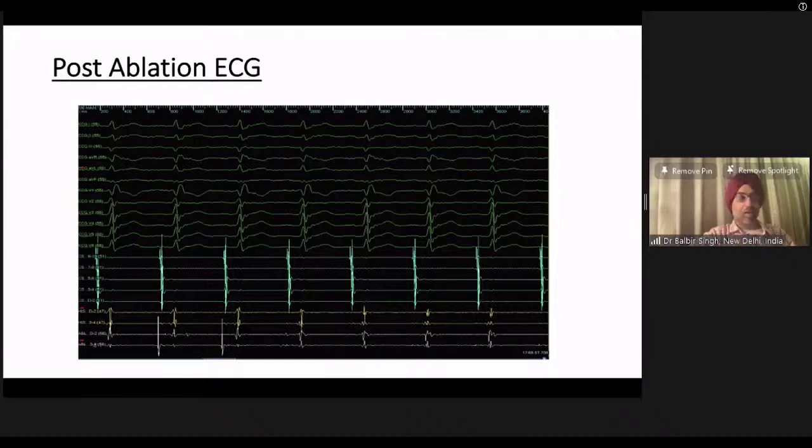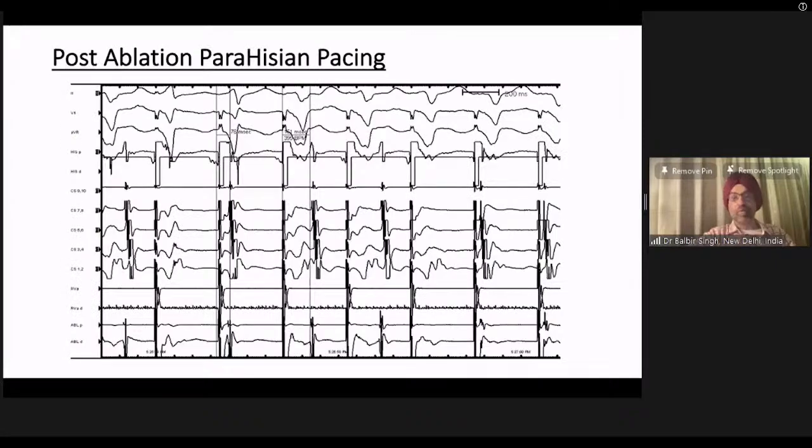However, how to prevent this can be difficult. You need to be more proximal so that you don't go close to the right bundle. But in this patient, we somehow couldn't prevent this, because the first beat after the tachycardia termination was a right bundle branch block, but no AV block happened.